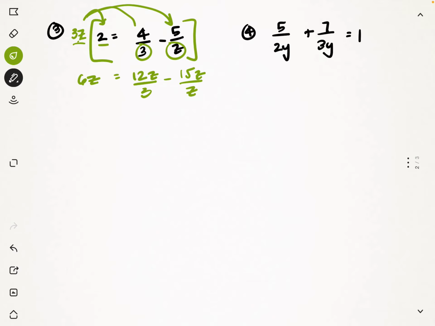All right, so let's simplify this. 6z, we can't simplify. 12z divided by 3 is 4z. And then minus 15, these z's will cancel out, so we just have 15. All right, we have variables on both sides now. We want to move them to one side. I'm going to subtract our 4z here.